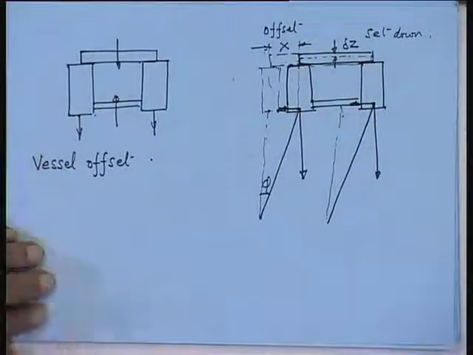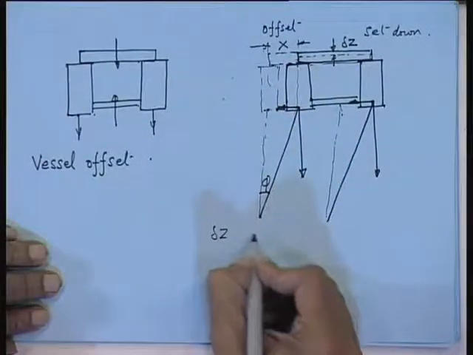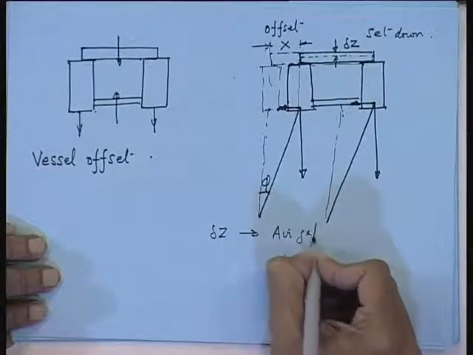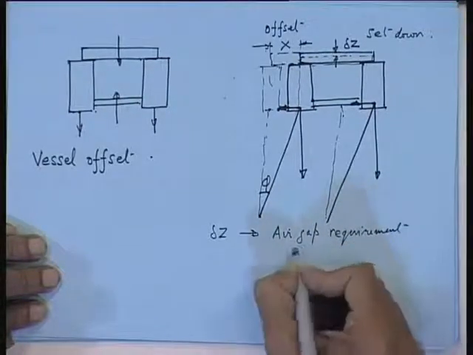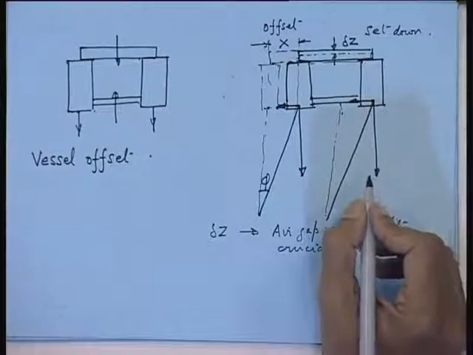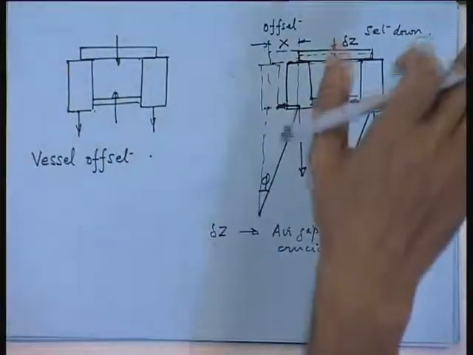Now, this is one of the reasons in TLPs actually you go for a larger air gap rather than semi-submersible. In TLPs, because of this delta z, air gap is very crucial. Air gap requirement is crucial because of set down. In semi-submersible, you do not have a set down. Semi-submersible will simply go in the surge, and there enough chain cables are there to take care of that.